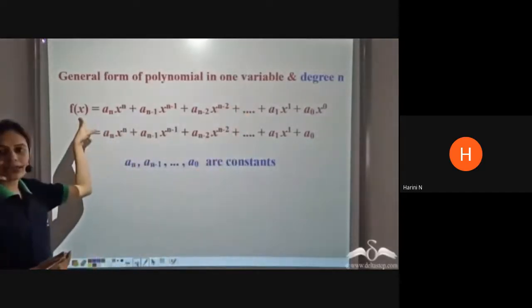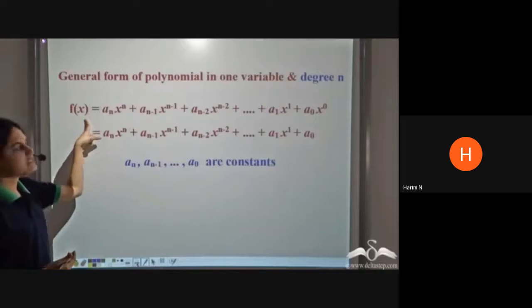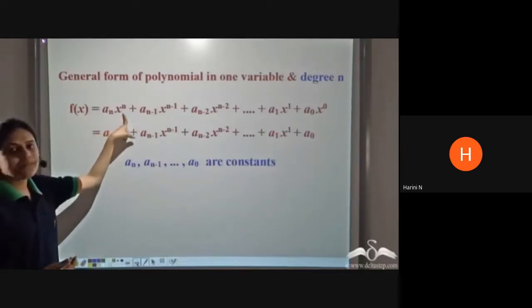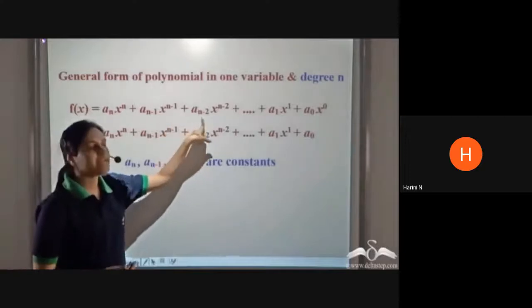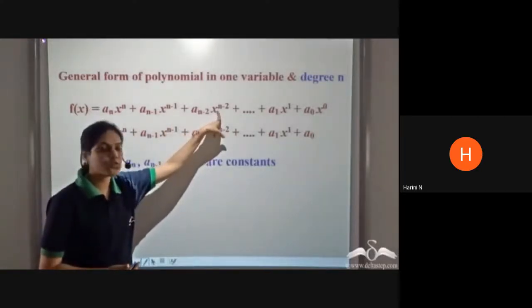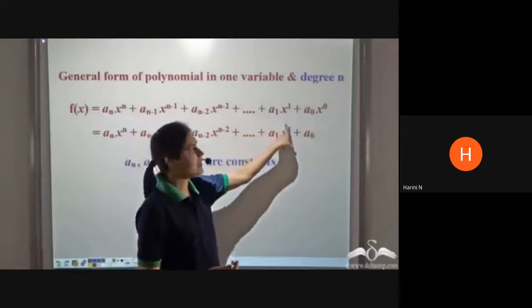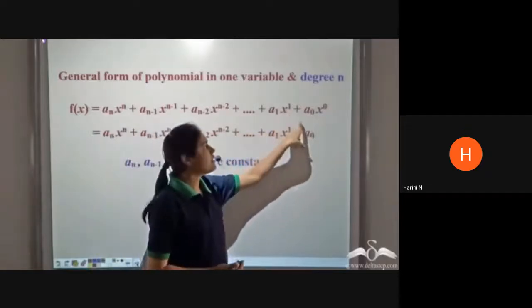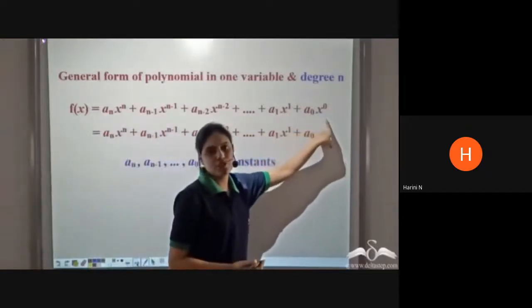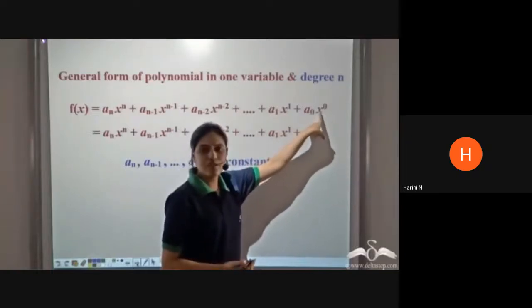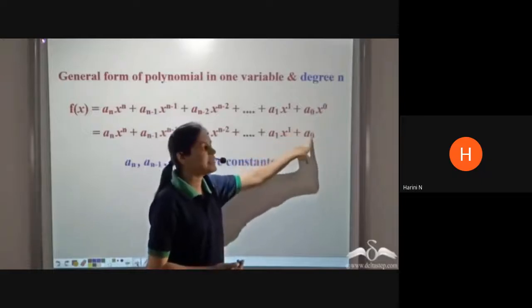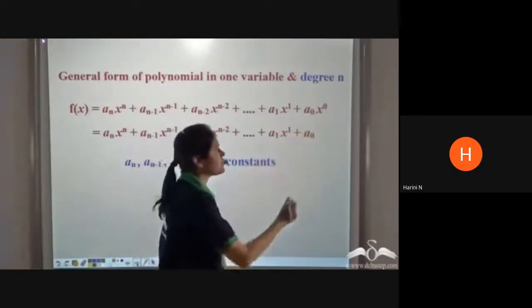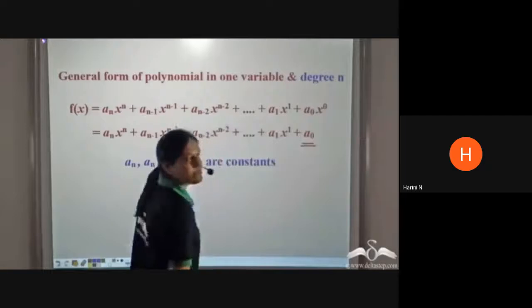So this variable is x, f(x) = an x to the power n, plus an minus 1 x to the power n minus 1, plus an minus 2 x to the power n minus 2, and we go on till a1 x, plus a0 x to the power 0. X to the power 0 is 1 because anything to the power 0 is 1. So we can simply write it as a0. This is the constant term.